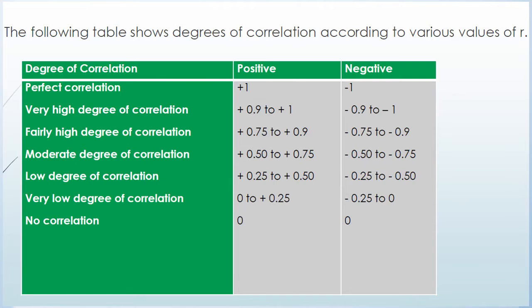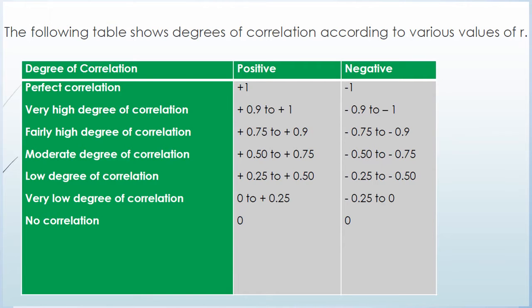We say very low degree of correlation when the r value is 0 to 0.25, positive very low degree of correlation, and vice versa. The negative very low degree of correlation means r is between minus 0.25 and 0. And when the value of r is 0, on both sides positive or negative, there is no correlation. This is the interpretation of the r value.